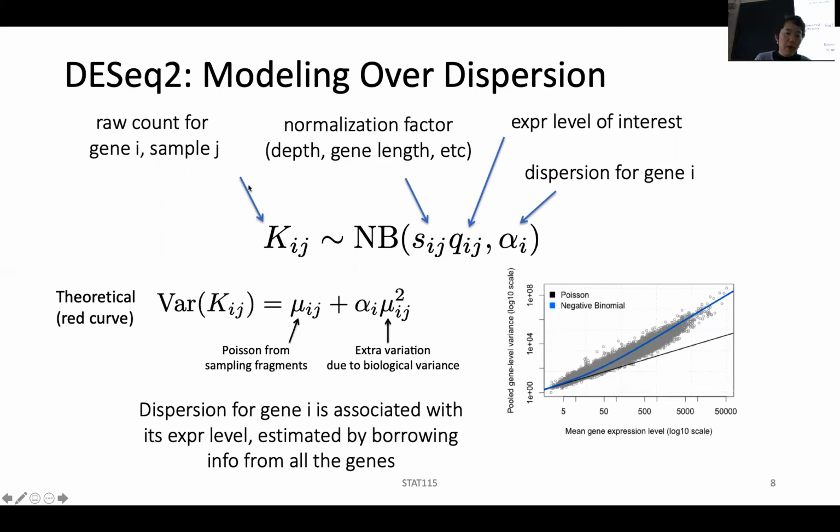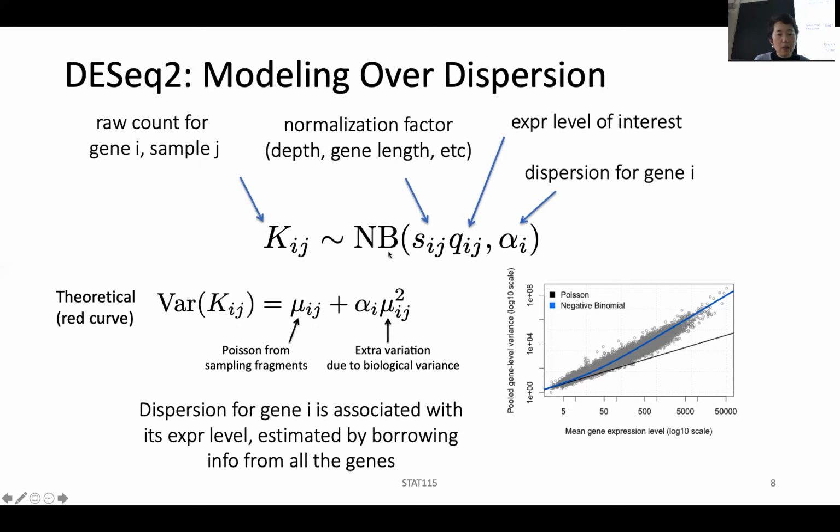And so you can imagine, normally if we try to model this as a negative binomial, K_ij, sorry, maybe the ij is slightly different from the previous slide. This is the raw count for gene i in sample j. I think previously we had i as the sample and j as the gene, but you get the idea. So this is the actual raw count that we see for a sample.